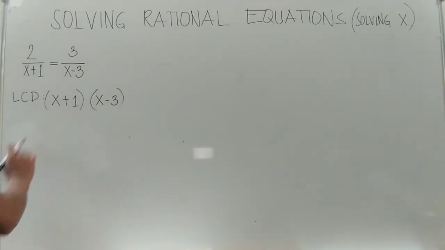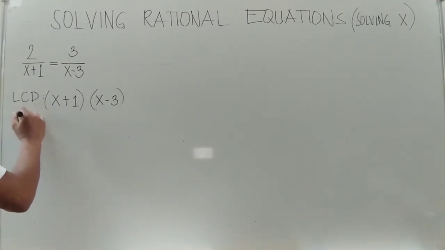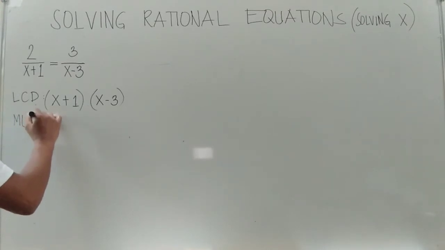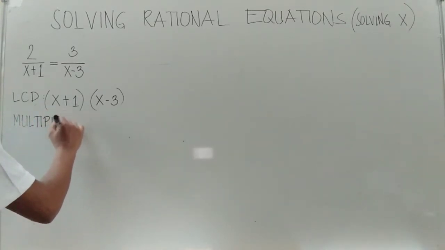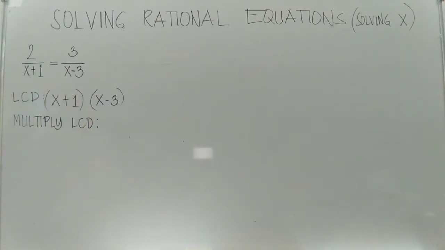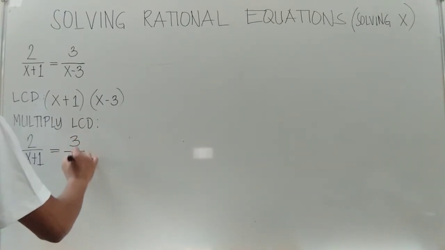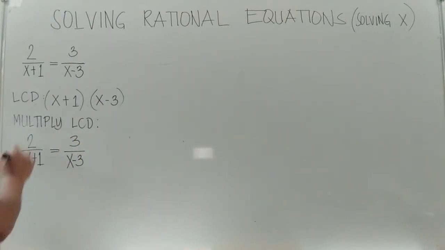After you identify your LCD, step 2 is to multiply your LCD to your original equation. Copying the original equation, it is 2/(x+1) = 3/(x-3).